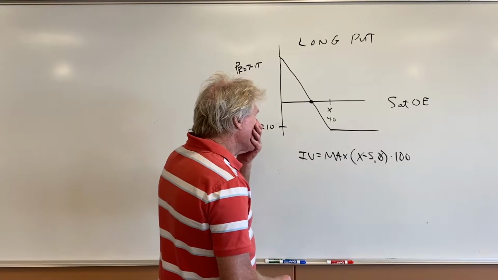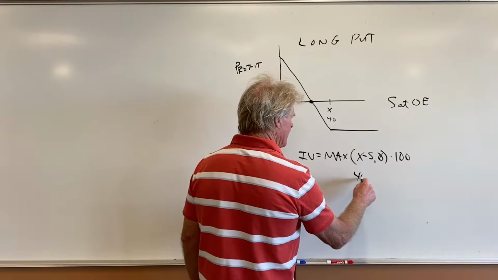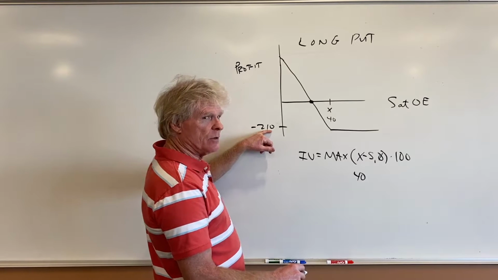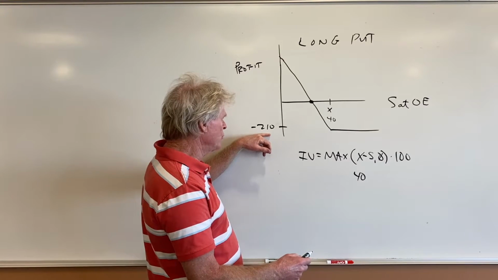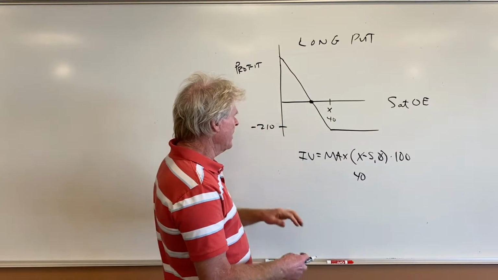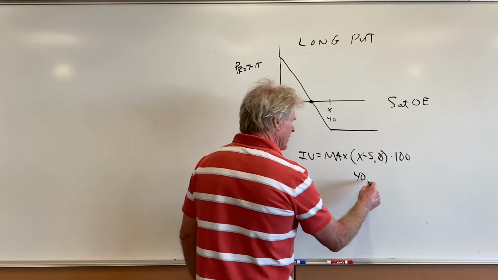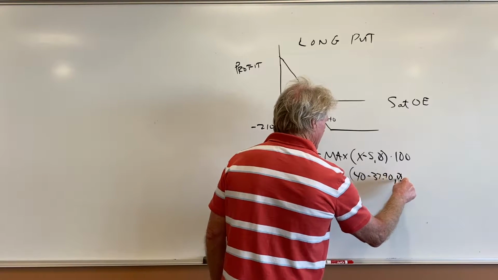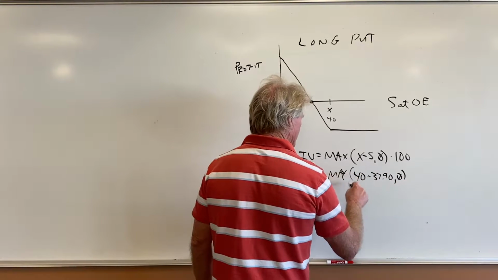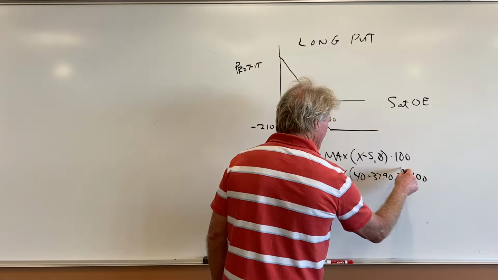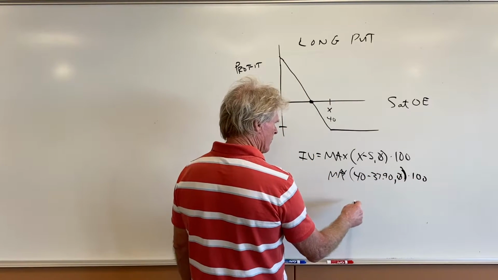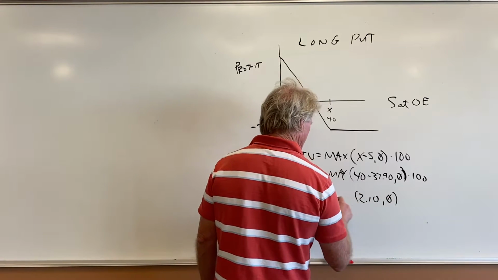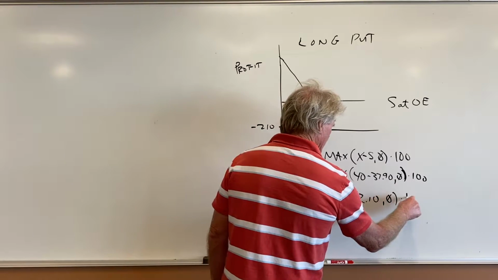And X is 40, and I just said that we had to make up $210, which is $2.10 a share. 40 minus $2.10 is $37.90, so 40 minus $37.90. So the max of that, or 0, times 100.